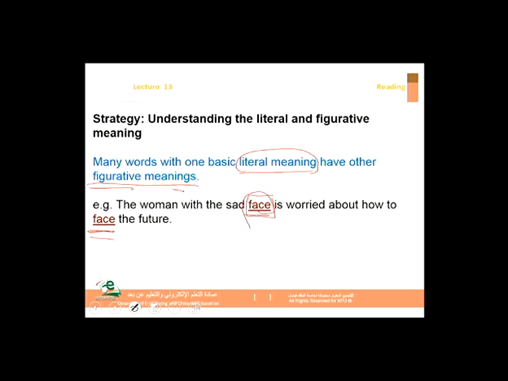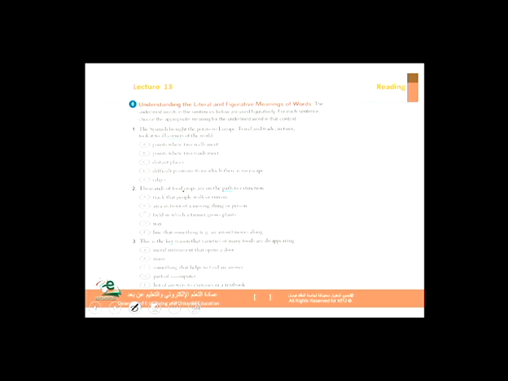Now let's look at these examples and answer them. We have underlined words like corners here, path, and key. These words have literal meaning, but they also have figurative meaning. Here they have figurative meanings, and I want you to highlight the correct answer.